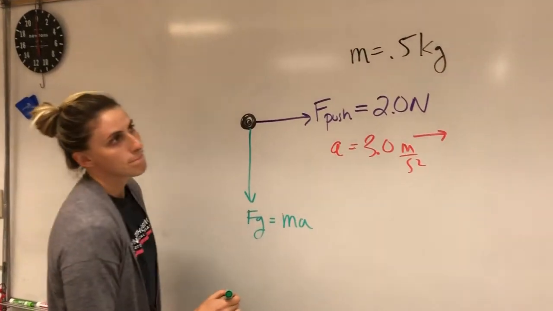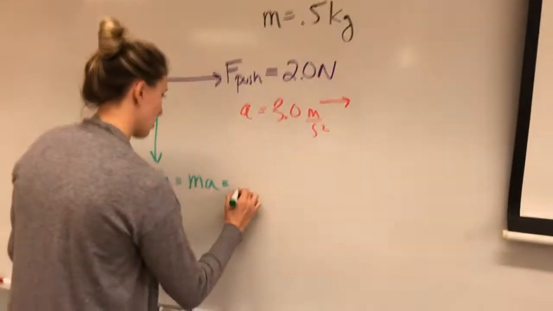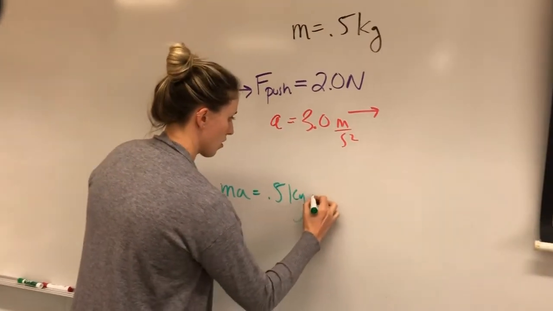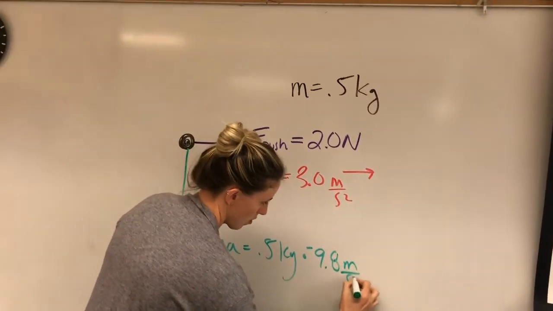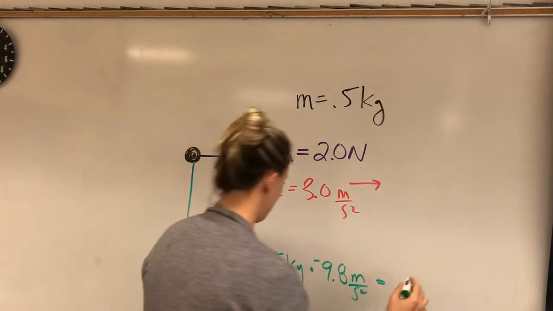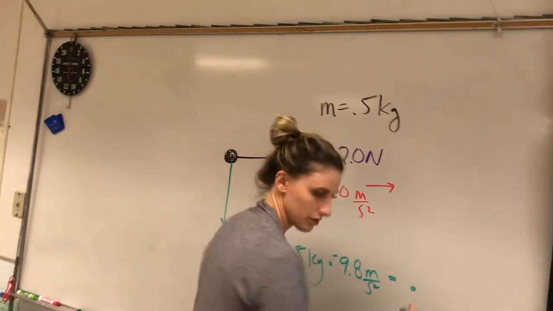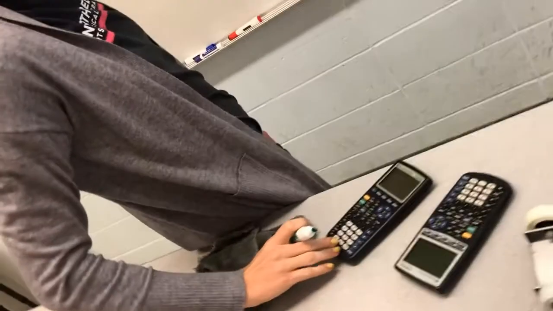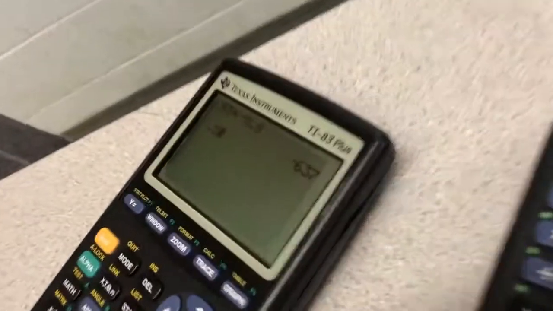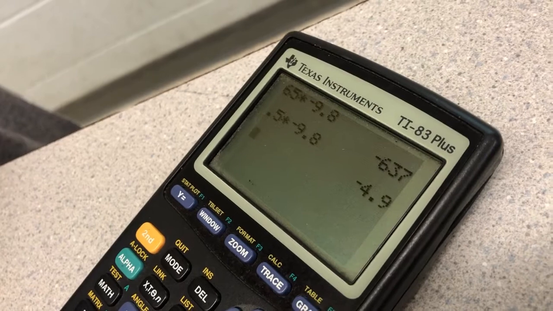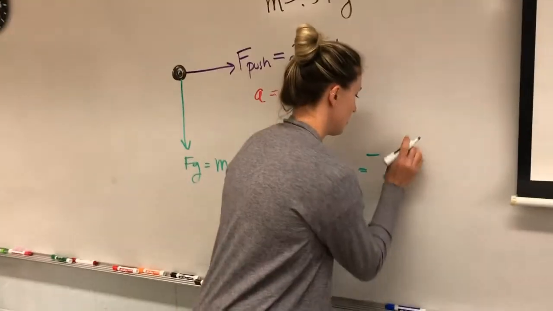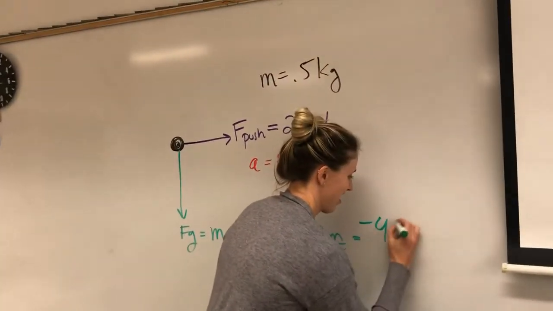We have our mass, 0.5, so it'd be 0.5 times 9.80. Half of 9.8 is 4.9? We're never too good for a calculator. Negative 9.8, and I get negative 4.9. I was right. I said 4.9; 4.8 would have been wrong.